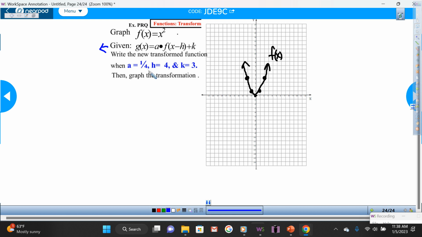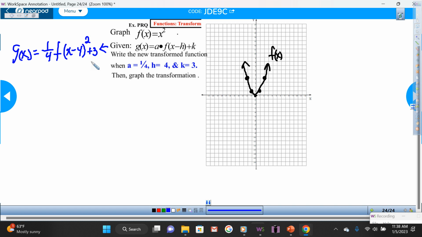All right, Ivan, g of x equals, very good, 1/4 f of x minus 4 squared plus 3. Have you got that?